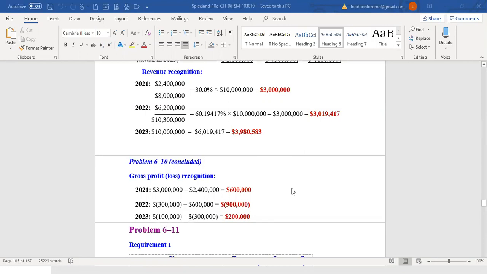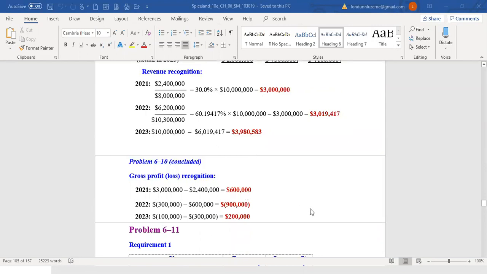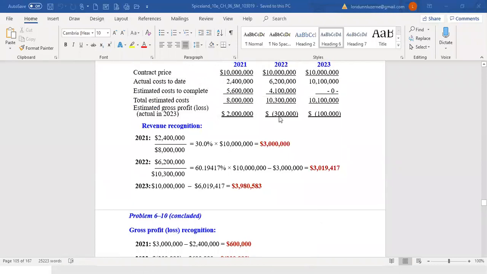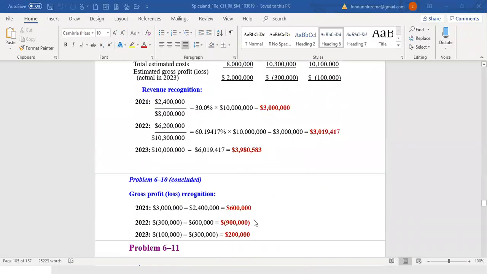What does this look like when it comes to gross profit? Well, in the first year, we recognized 3 million and our costs were 2.4, so 600,000. In the second year, as soon as we see our gross profit is a negative 300,000, okay, we must decrease last year's profit that we already recognized.